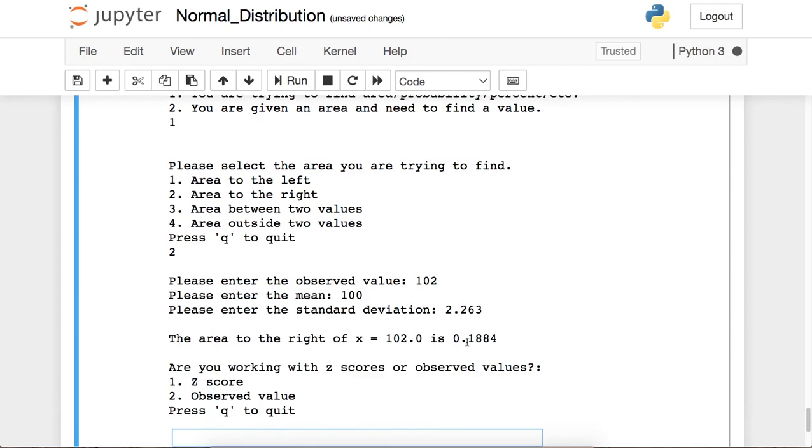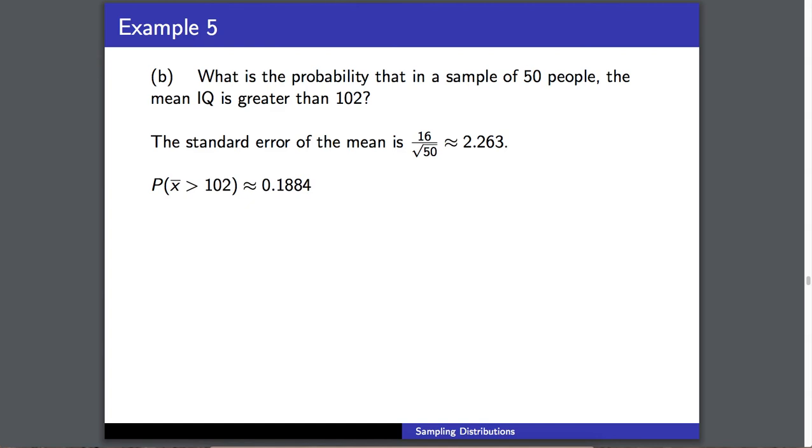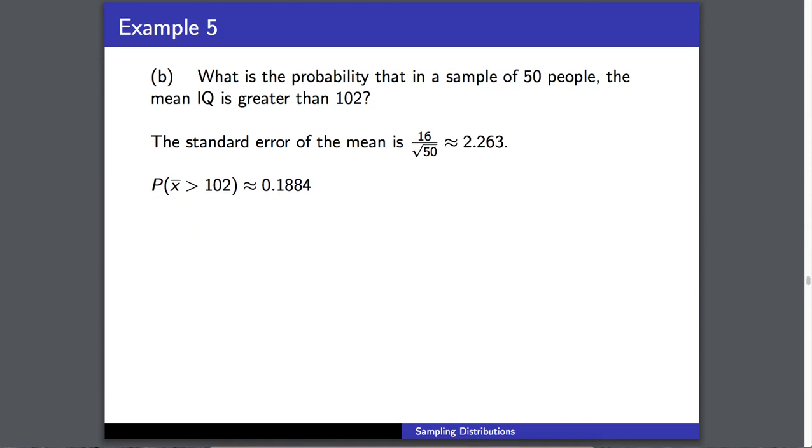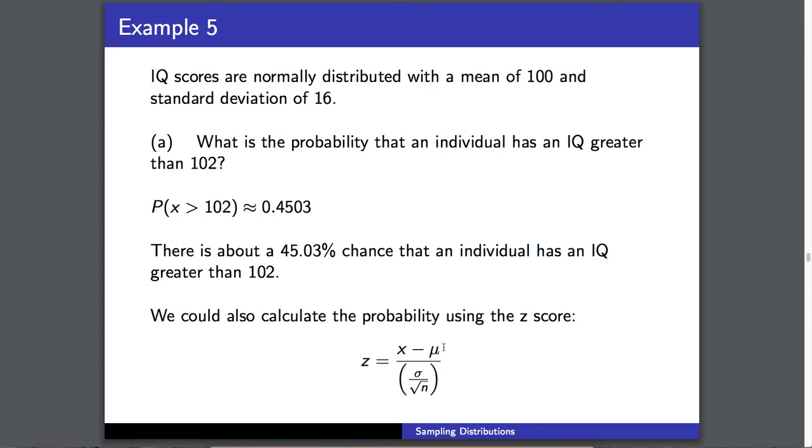So we get about 0.1884 as our probability. So there's about an 18.84% chance that the mean IQ of a sample of 50 people is going to be greater than 102.